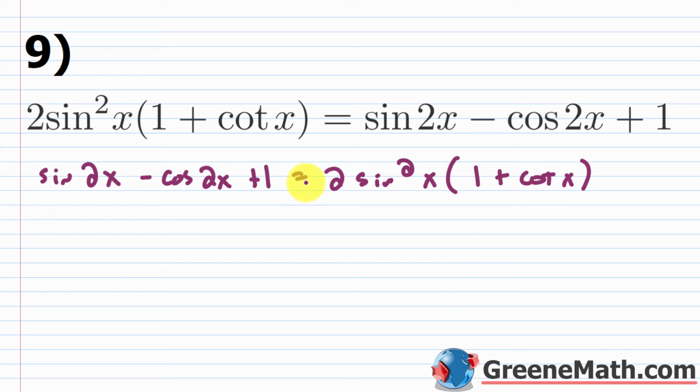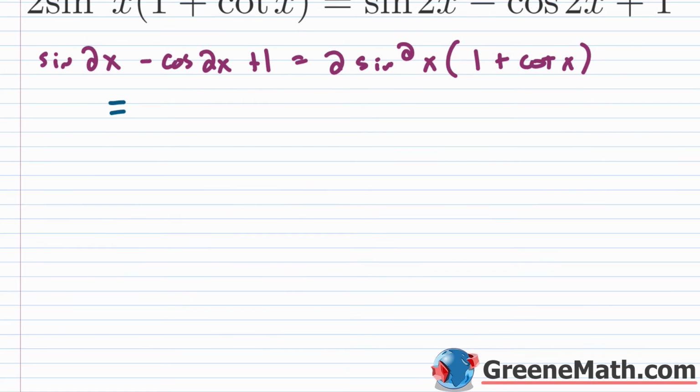Okay, so here's how I'm going to do this. I'm going to make this right side match this left side. Let me put my equals over here so I have some room. We'll slide down a little bit. So I'm going to distribute this in. So I'm going to say this is 2 times sine squared x, and then plus, you would have 2 times sine squared x times cotangent of x.